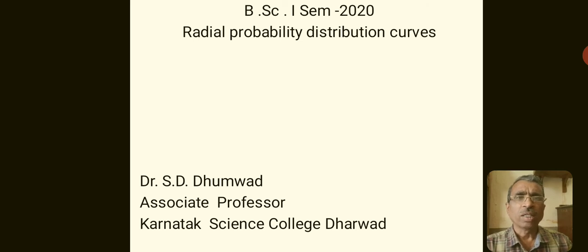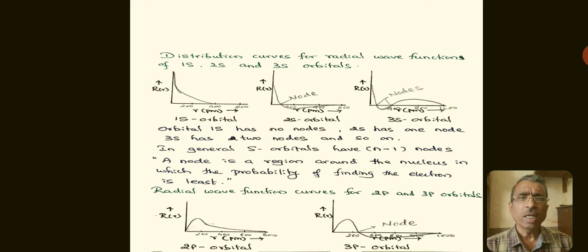They are all the mathematical treatment to know about the probability of finding the electron, that is the orbital, as well as the nodes. Today we take how these distribution curves are created and how to explain based on these distribution curves.